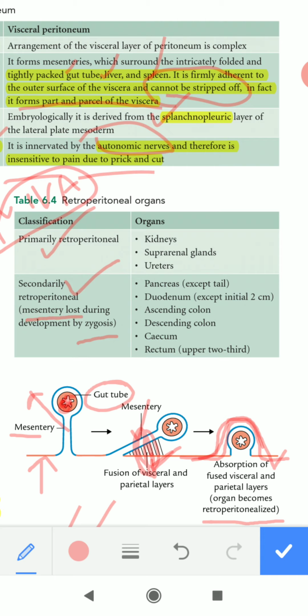The primarily retroperitoneal organs are the kidney, suprarenal gland and ureters. But the secondary retroperitoneal organs are the pancreas, except the tail, the duodenum, except the initial 2 centimeters, the ascending colon, descending colon, cecum and rectum.